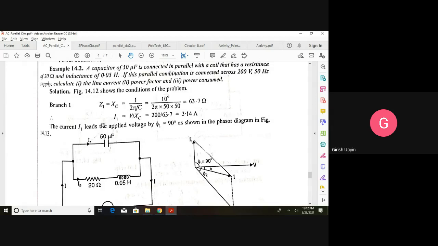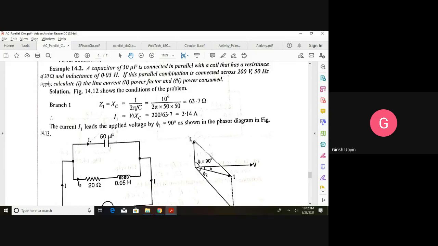From this description you should be able to create the circuit diagram. It is clearly told here, a capacitor of 50 microfarad is connected in parallel with the coil. This is the coil that has a resistance of 20 ohm and inductance of 0.05 henry.